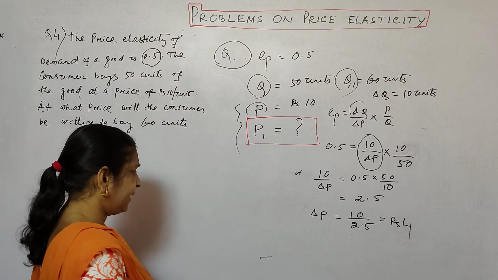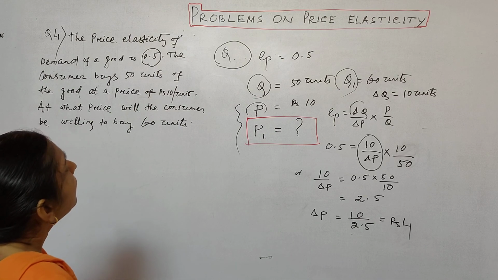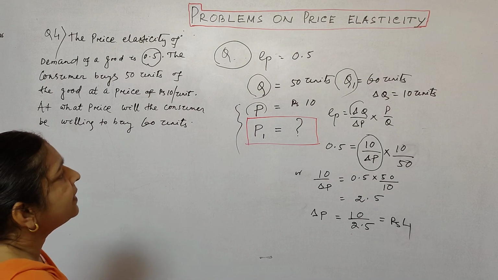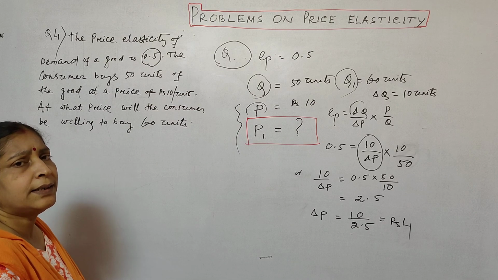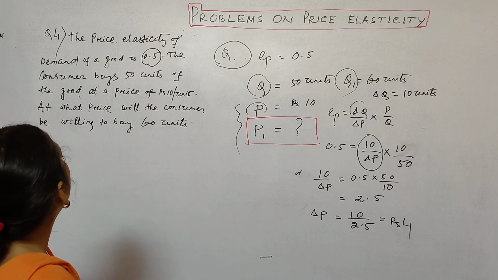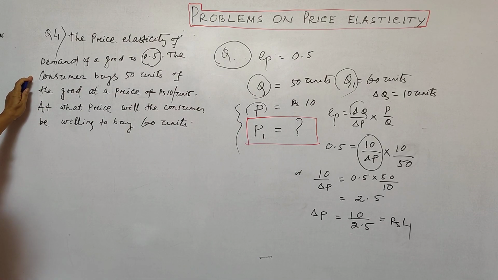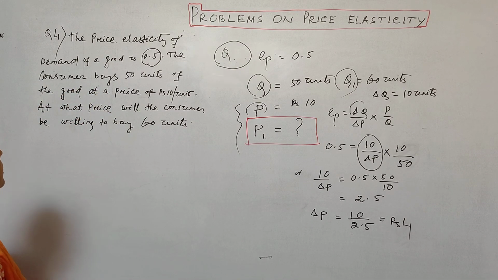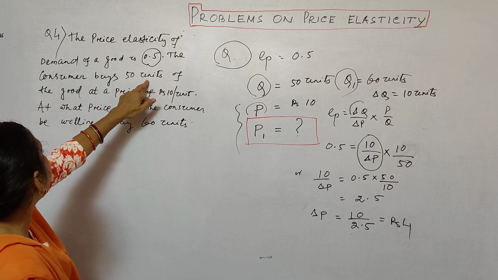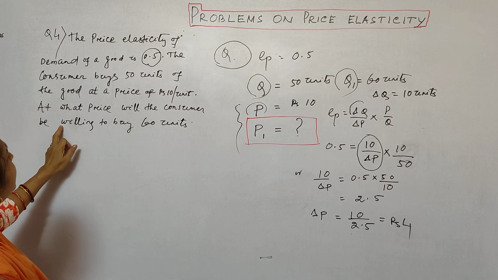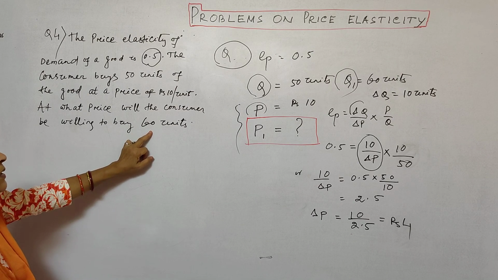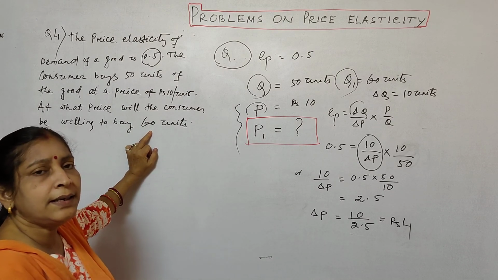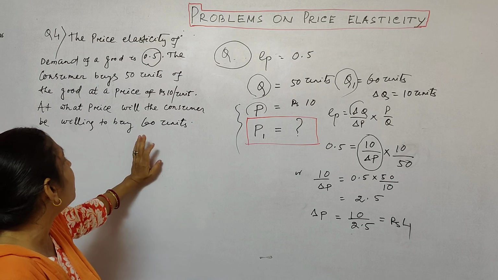So friends, now we will see whether the final price is increasing or decreasing. How will we know? We will see the initial quantity purchased and the final quantity purchased by the consumer. The initial quantity purchased by the consumer is 50 units and the final quantity purchased is 60 units. So the quantity demanded increases.